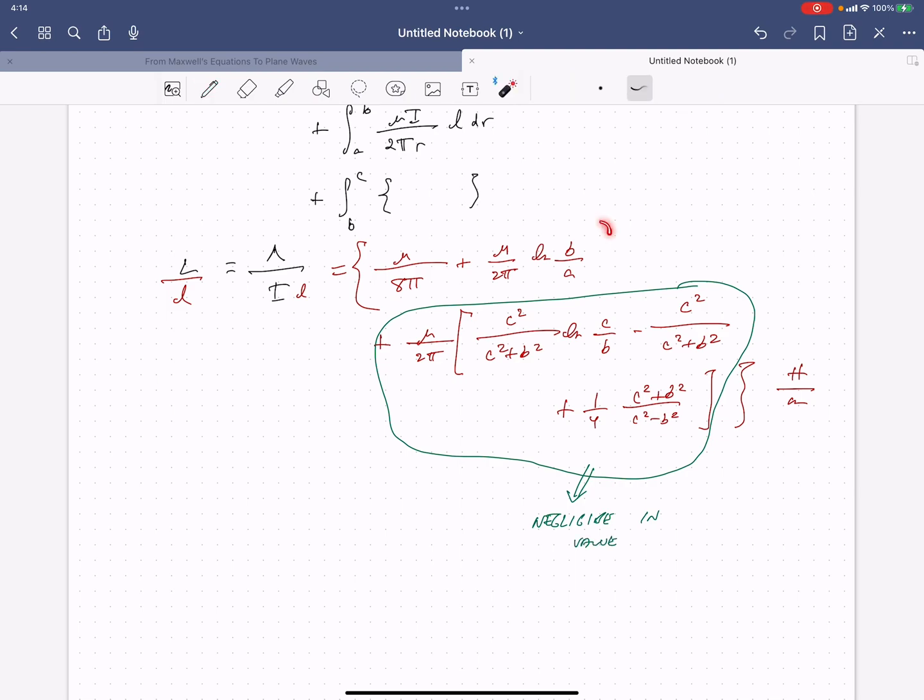So you end up with this being the value for the inductance per unit length for a coaxial cable.